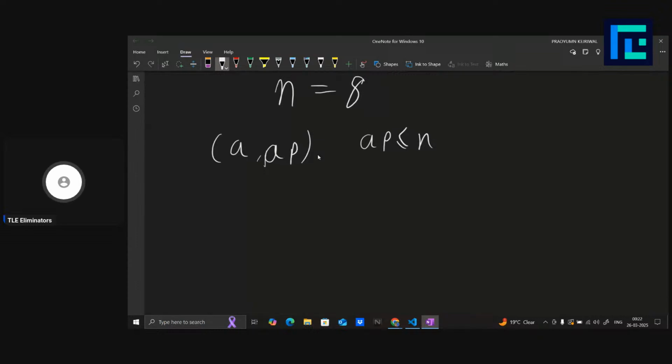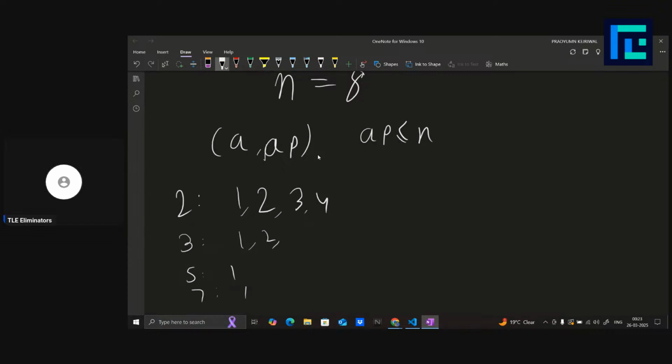So either p can be 2. If p is 2, then a can be 1, 2, 3, or 4. Then if p is 3, then a can be 1, 2, it can't be 3, right? So if p is 5, then a can be only 1, and if p is 7, then a can be only 1.